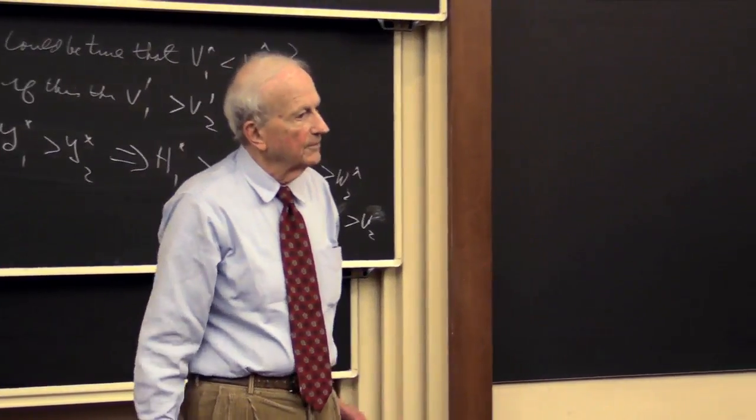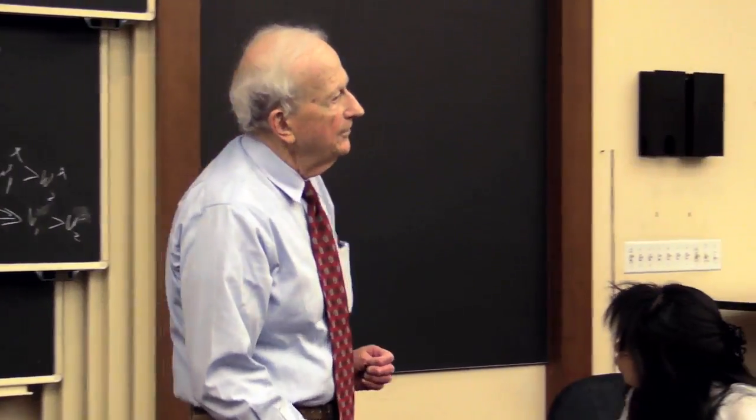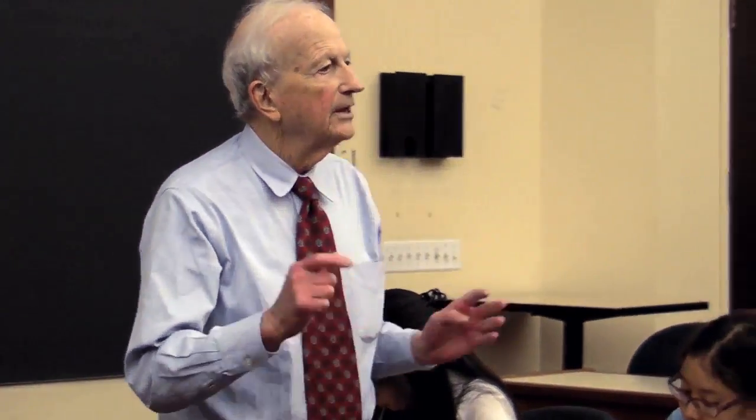So it can't be true. So in equilibrium, the abler child would end up with more utility. Okay.